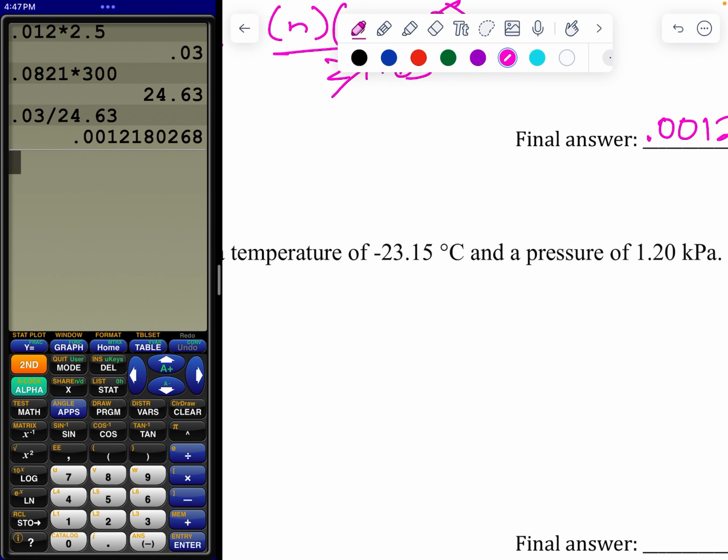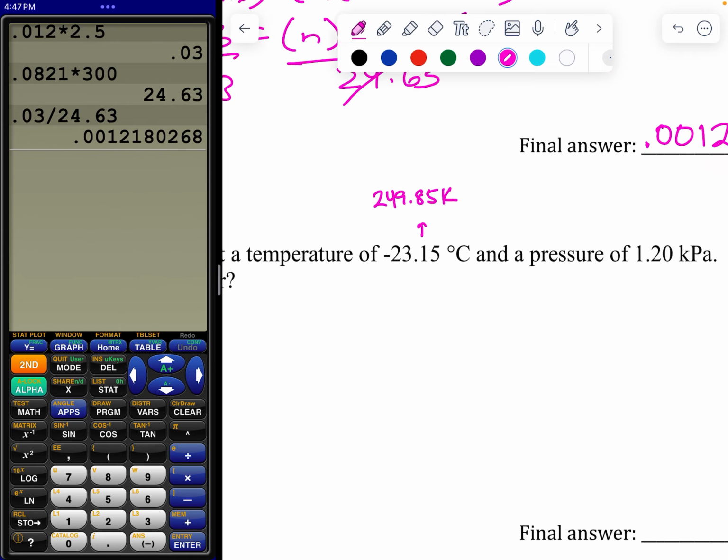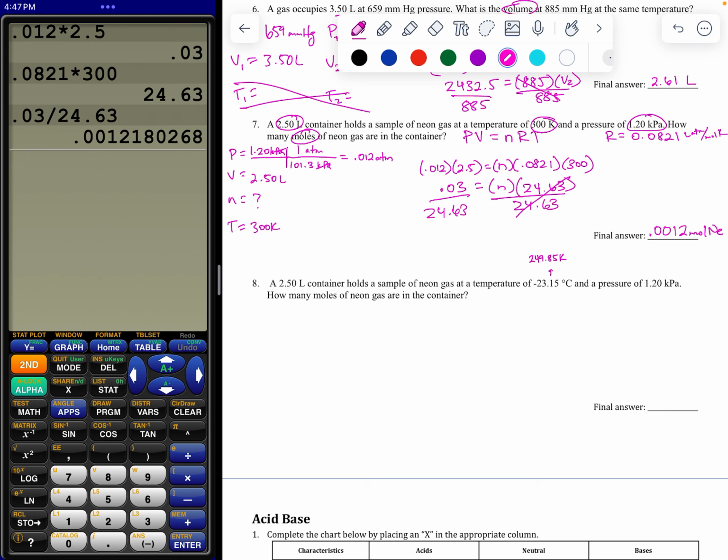So in this case, down here in the next one, this is actually going to be 273 plus that, which is 249.85 Kelvin. So there's that. This is the same pressure as above, so we already know that that's 0.012 atmospheres when you convert that.